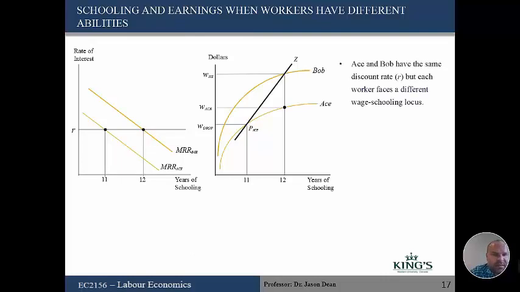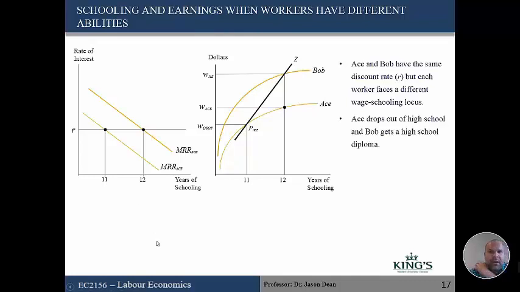Okay, so they both have the same discount rate, but each worker is going to face a different wage schooling locus or age earnings profile. So Bob, who gets more schooling, is going to have a higher profile than Ace, who gets less schooling.